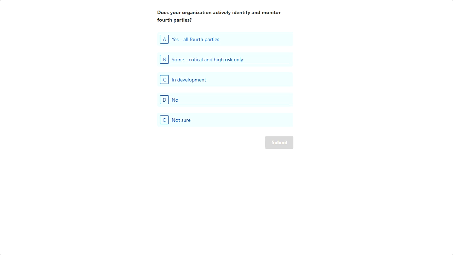Kelly, I have another question from the audience that we could answer. And that question is, is it generally harder to get information from your fourth parties than it is your third parties? As a general rule, yes, it's going to be harder because remember, your fourth parties do not have a contractual obligation with you and therefore can easily say no to your request of gathering information or due diligence from them.